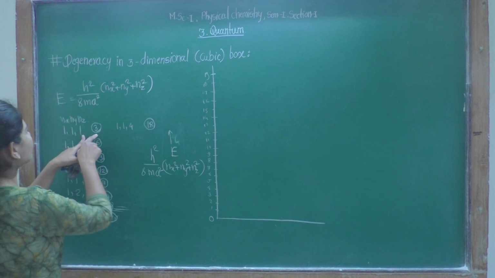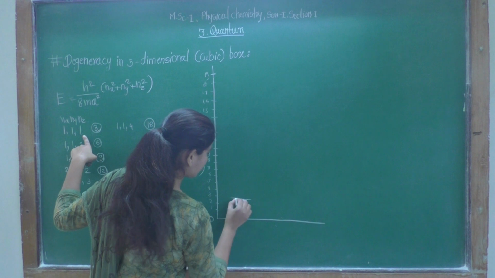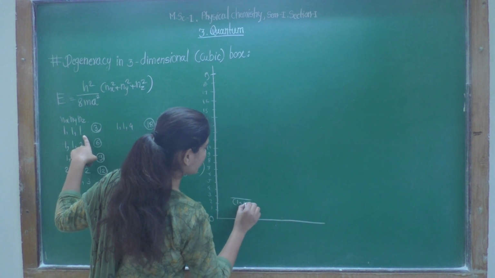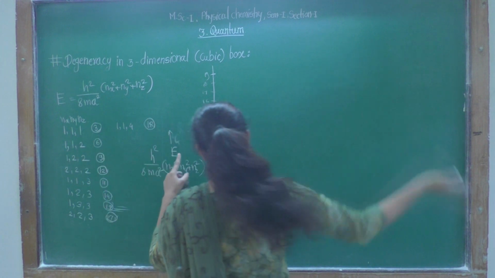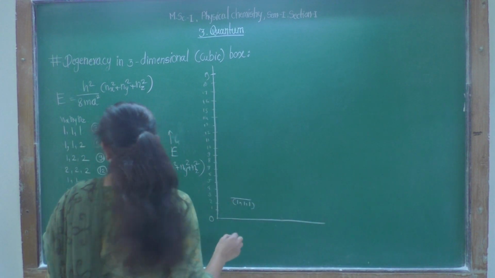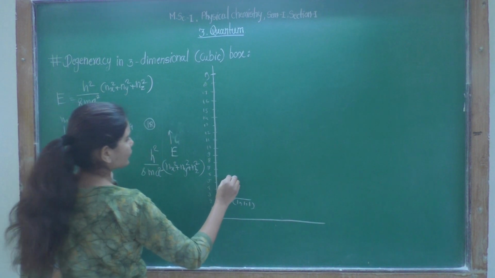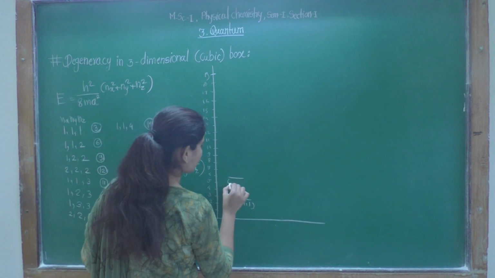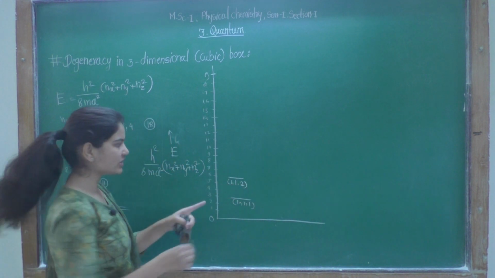Let's write, the first level was 3. Here is 1, 1, 1. And let's write the degeneracy here. We will see it later. Next is 6. What was that? 1, 1, 2. Now we can write combinations of 1, 1, 2.